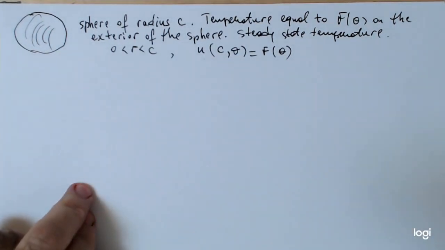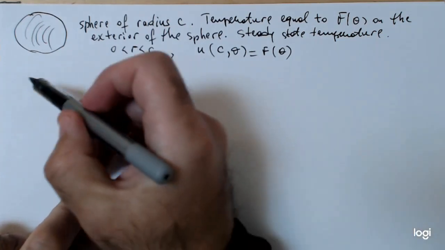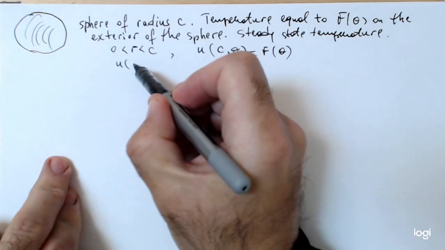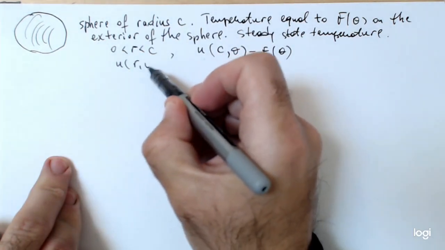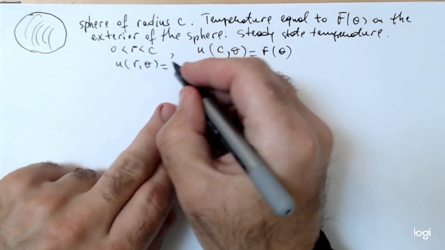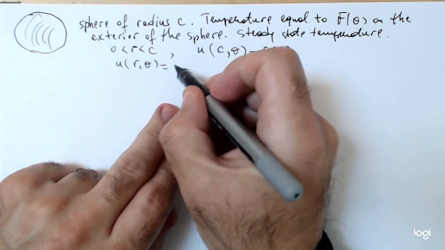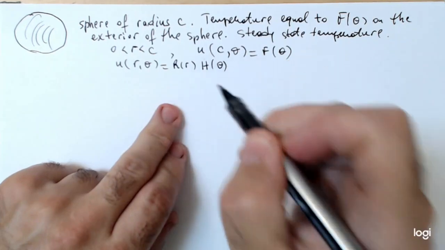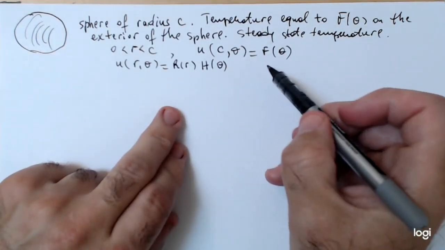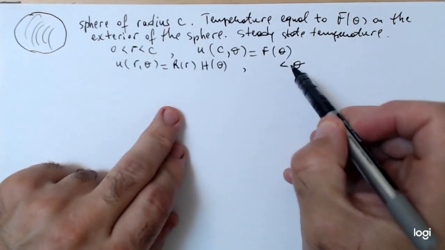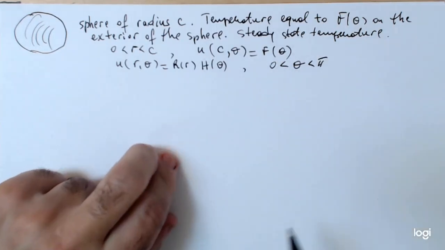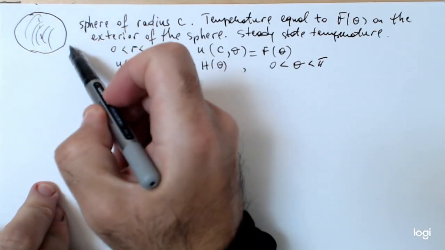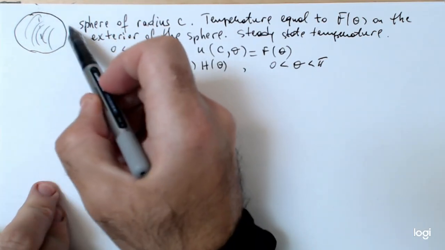So if you proceed with the separation of variables, just like before, remember the drill. If you want, you can do it again just to see how it goes, but it's the same process. So you assume that u of r, theta is a function in little r times a function in theta. And because you have a full sphere, theta varies between 0 and pi. Remember how theta is measured from the positive z-axis all the way to the opposite side, so from 0 to pi.